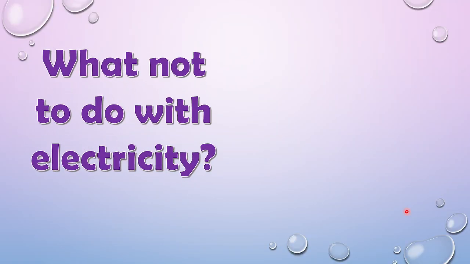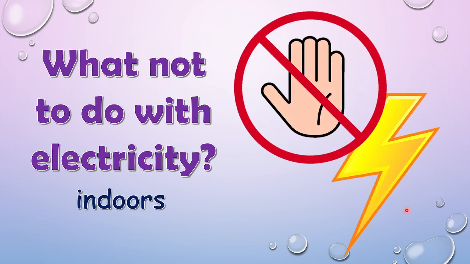All right. Now, our topic for today is about what not to do with electricity indoors. It means what should you not do. Last time we discussed what to do, right? When you say what to do, the correct things, the good things to do. Last time, for example, ask your parents for help.